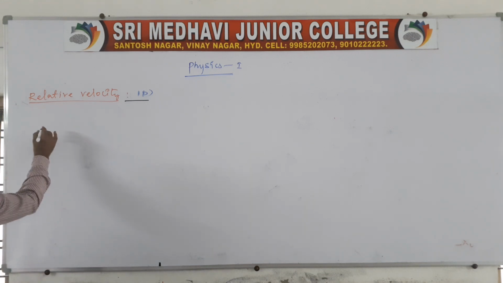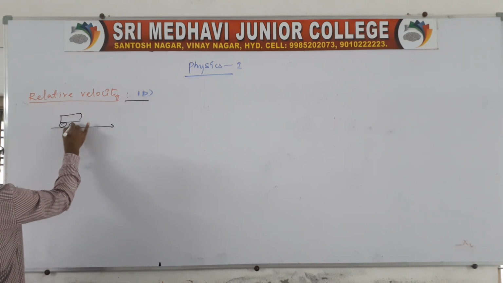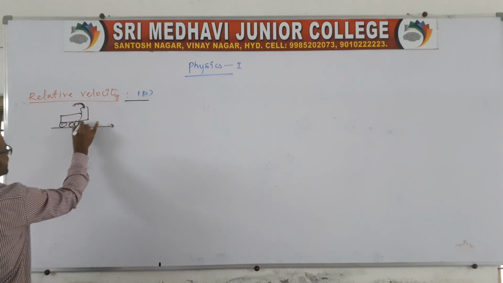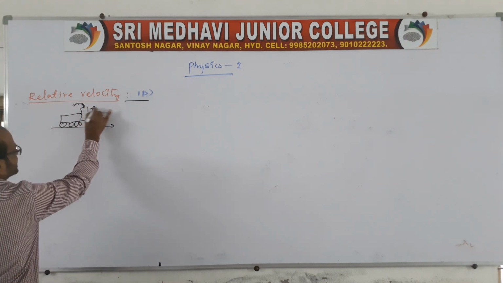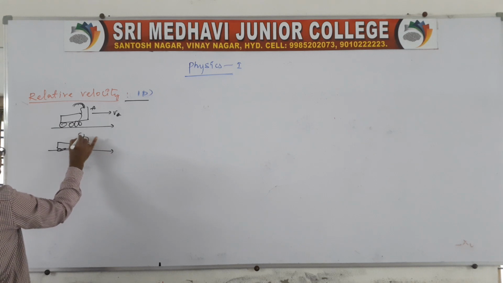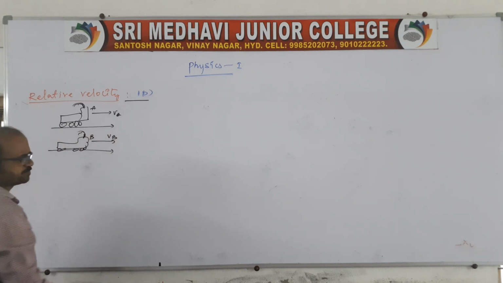The relative velocity is nothing but, if you have two bodies, say you take two trains. A train is moving with velocity VA, and a second train is also moving in the same direction, the B train with velocity VB.